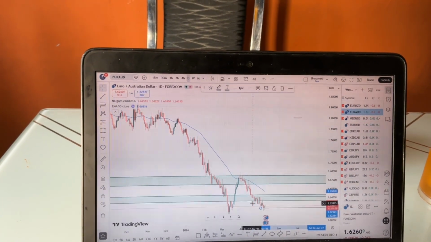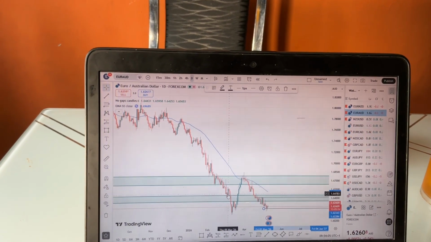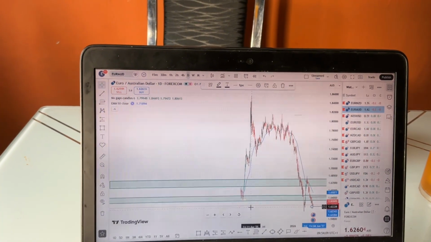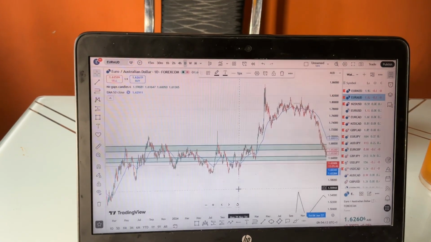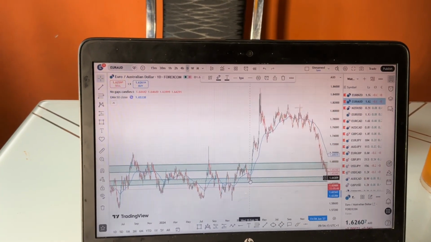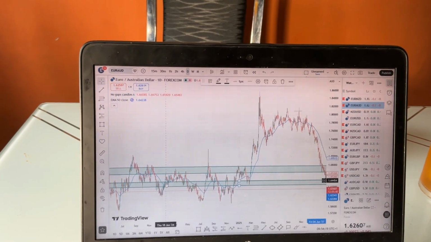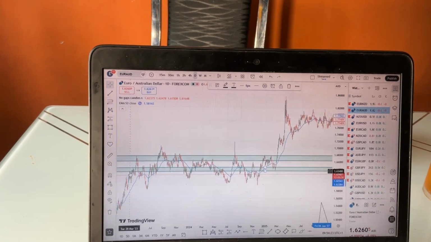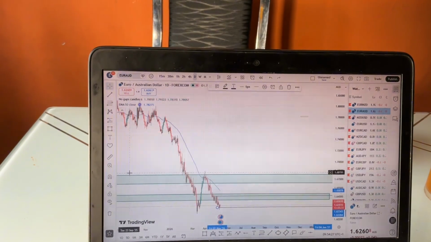You can clearly see this is at a resistance, a support. Let's move further. My network is bad, sorry guys. We use it as a support here, use it as a resistance, support, resistance. We can clearly see it's a well respected resistance level.